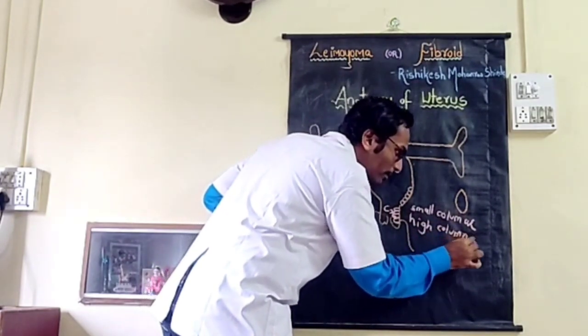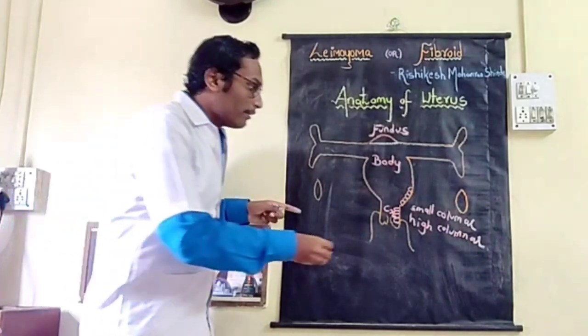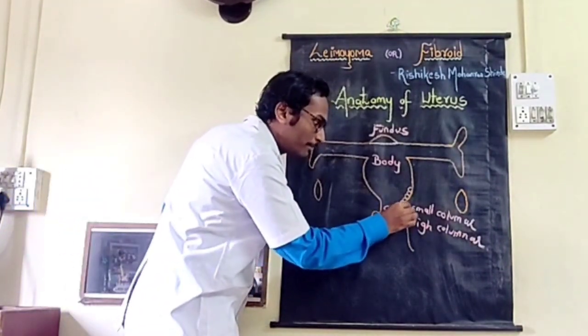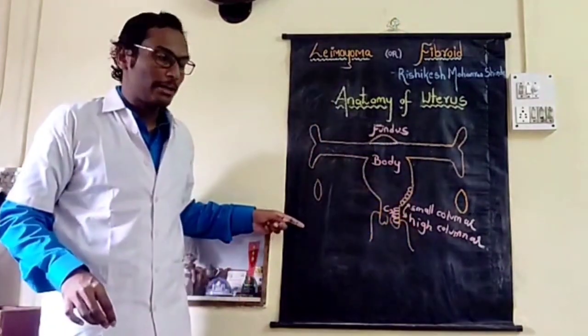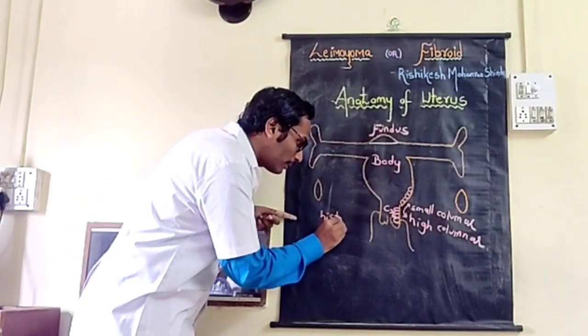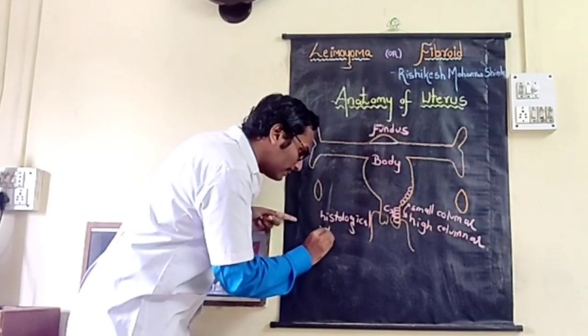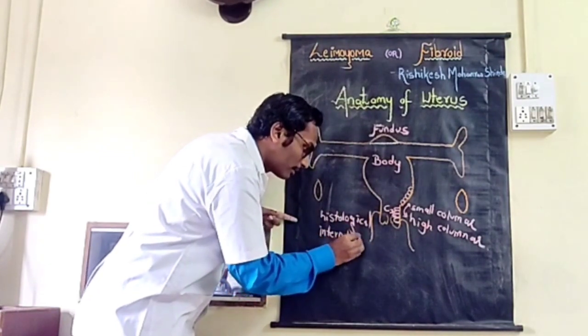This transition from short columnar to tall columnar on histology is called the histological internal os.